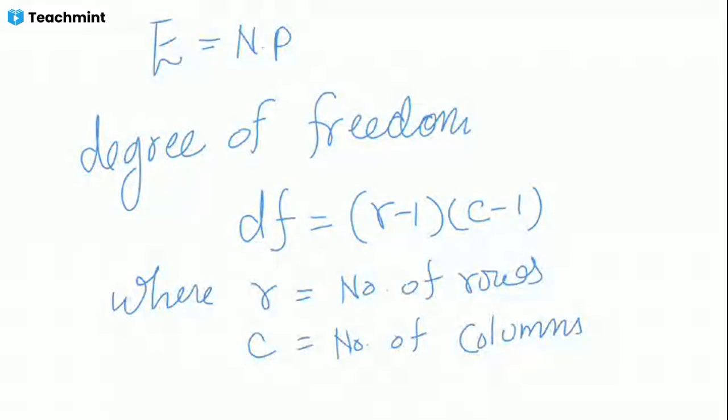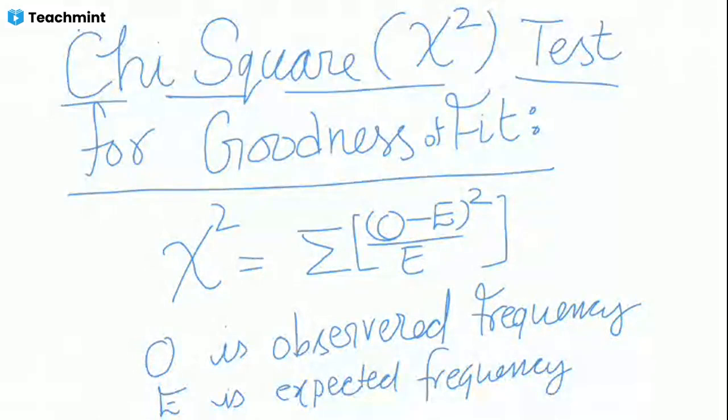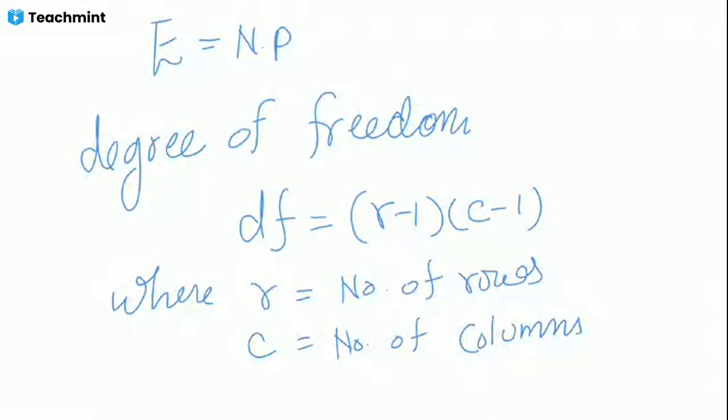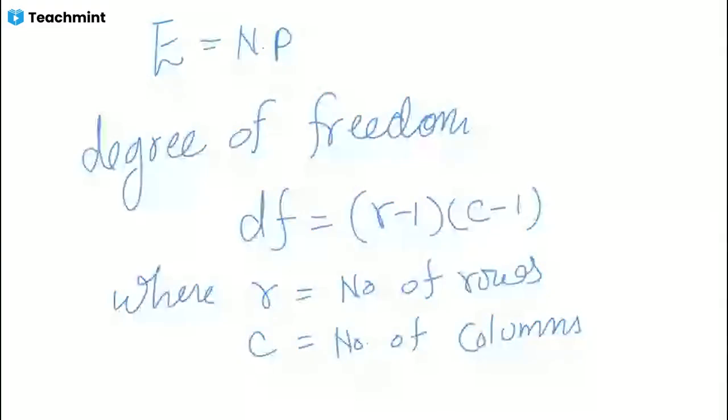So here we have observed frequencies as well as expected. This observed is denoted by O in the formula, and this expected is denoted by E. Sometimes they won't give you these, and then we'll use this formula. But most probably they'll give them because you have simple questions in your syllabus. So now let us find it.